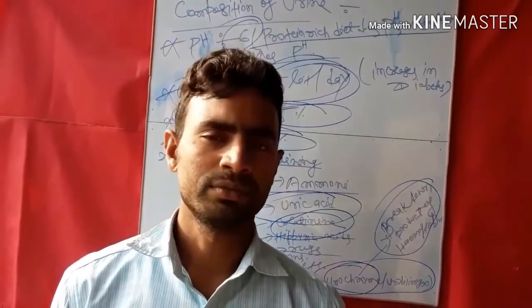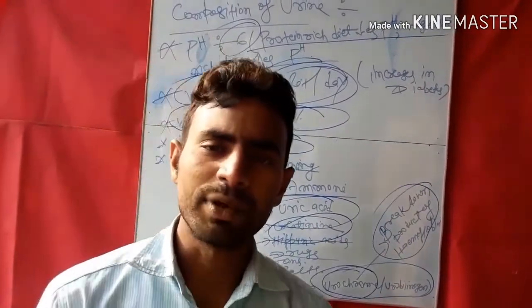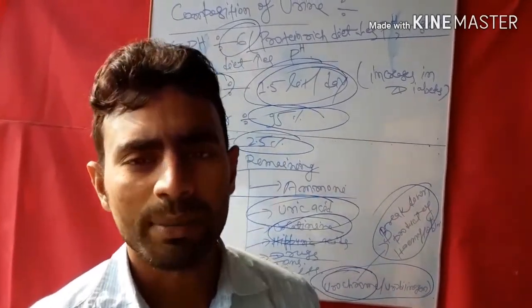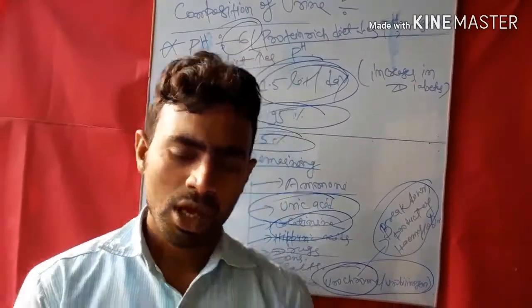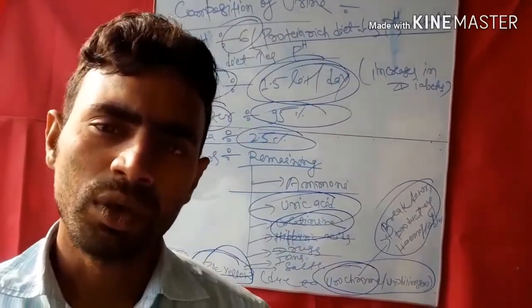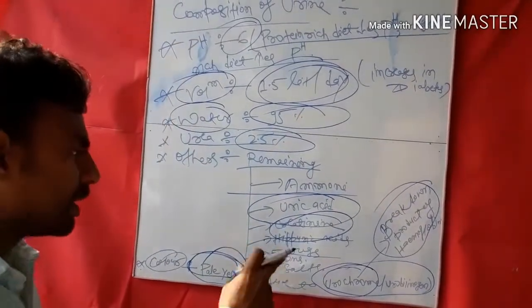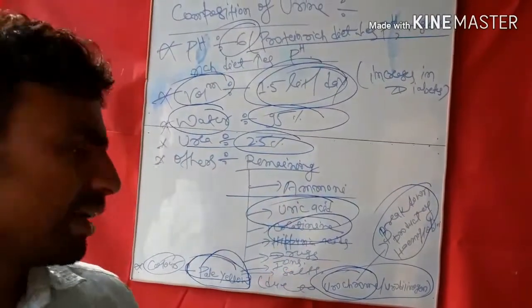Okay, and the composition of urine is water 95%, urea 2.5%, and in the remaining 2.5% there are ammonia, uric acid, salts, creatinine, hippuric acid, drugs, ions.